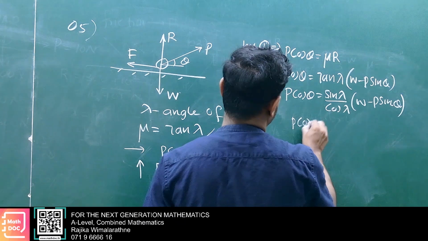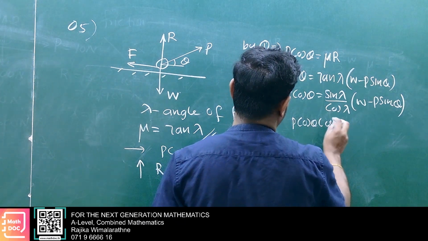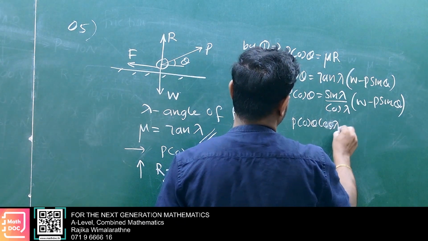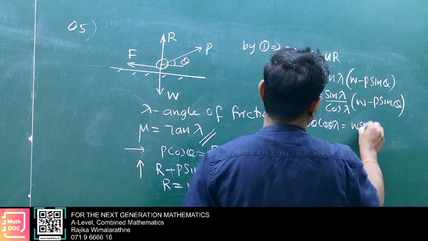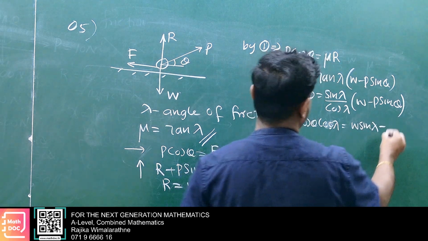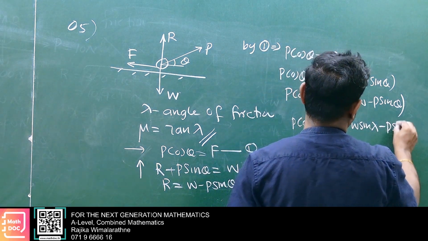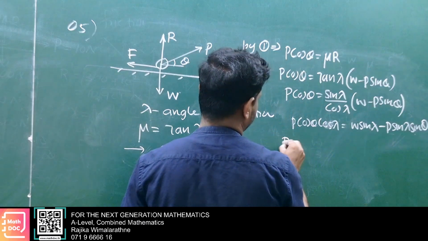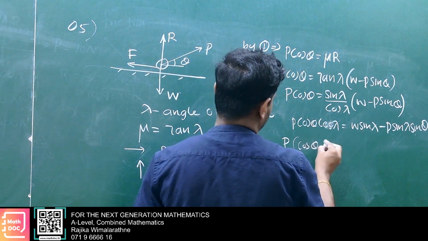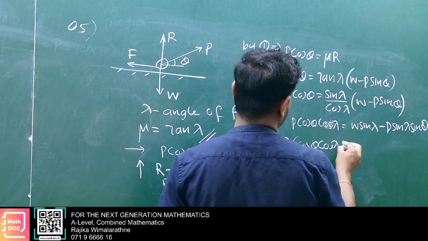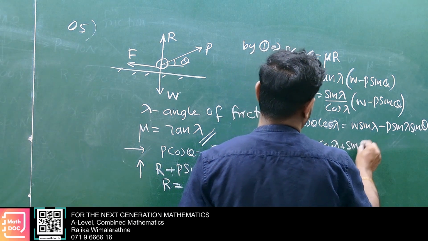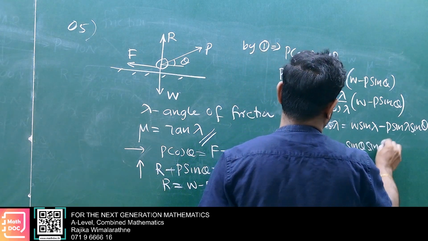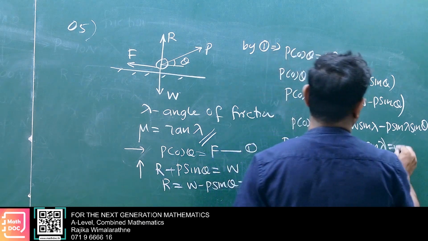Then P cos theta cos lambda equals W sin lambda minus P sin lambda sin theta. Now solve for P: P times cos theta cos lambda plus sin theta sin lambda equals W sin lambda.